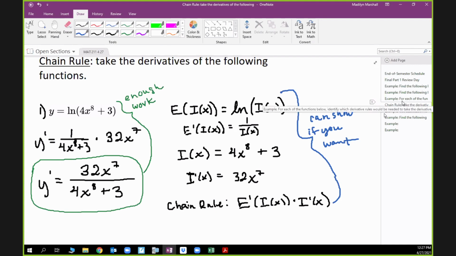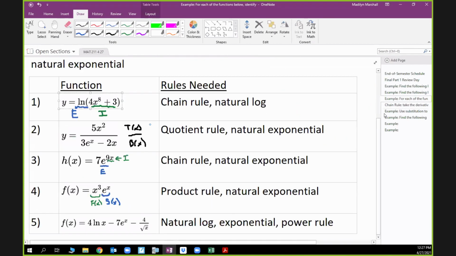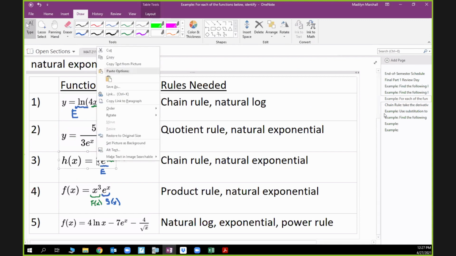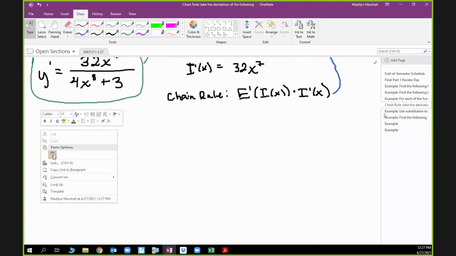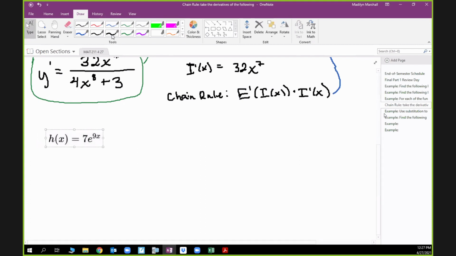So let's do that other chain rule problem from our chart. 7e is the exterior.